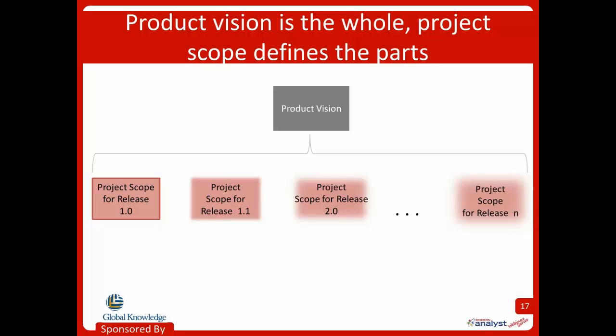So scope is more dynamic than vision because the stakeholders adjust the contents of each release within its schedule, budget, whatever constraints we have to work with. So the scope for the current release that we're working on should be pretty clear, right? We know what our constraints are. Let's define that scope. As we look out in the future towards fulfilling the rest of our vision, the scope of future releases is going to certainly be much, much fuzzier than what we know today.